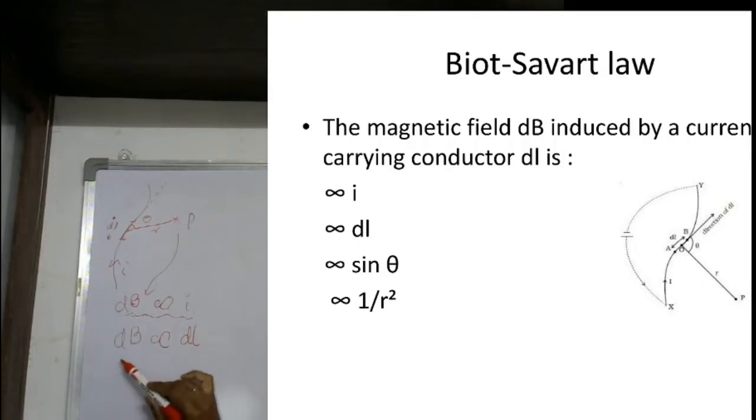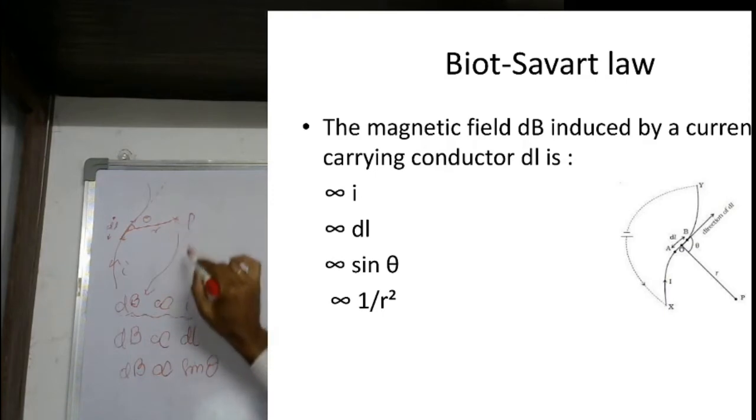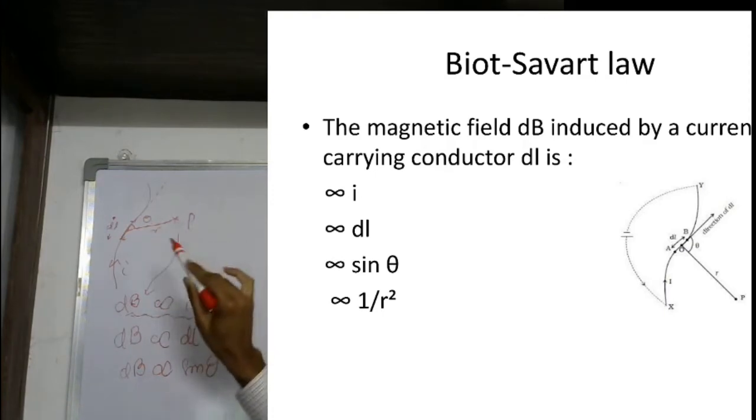Next, this dB is also influenced by theta, or sine theta. People discovered that this dB is proportional to sine theta. That means the way you choose that point from dl, the orientation of that point with this infinitesimal element, also influences the induced magnetic field.